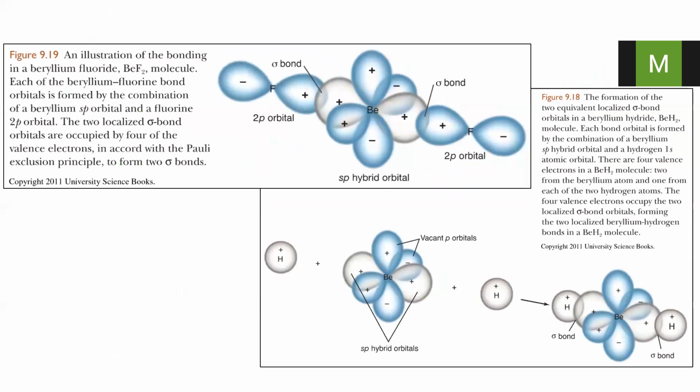And so here's an example of a BeF2 molecule. Down at the bottom, you can see a BeH2. So the BeF2 molecule, the fluorines that are the surrounding atoms in that case, are going to have overlap with the 2p orbital. Remember, we're only invoking the hybridization when we are modeling that central atom.